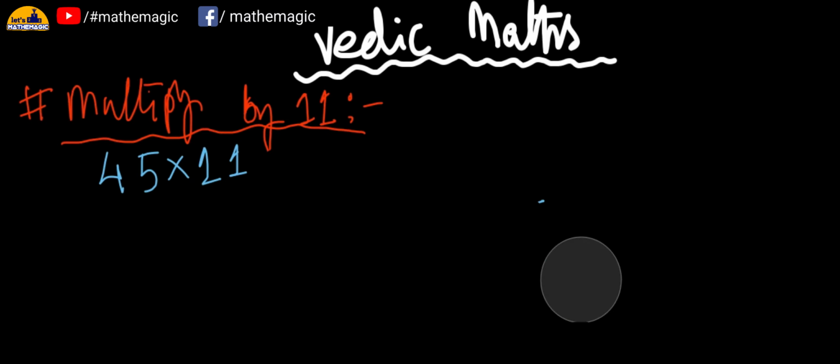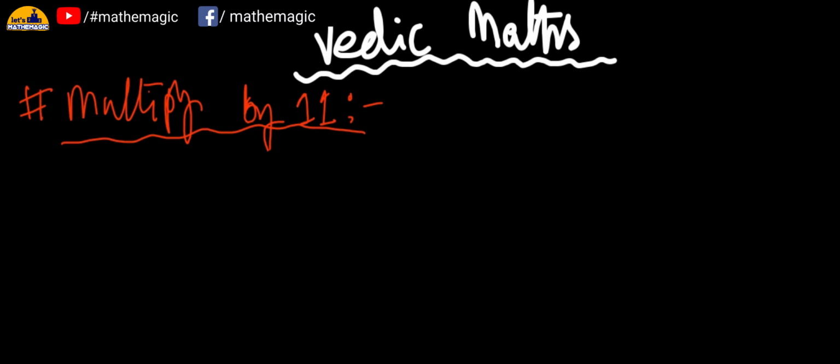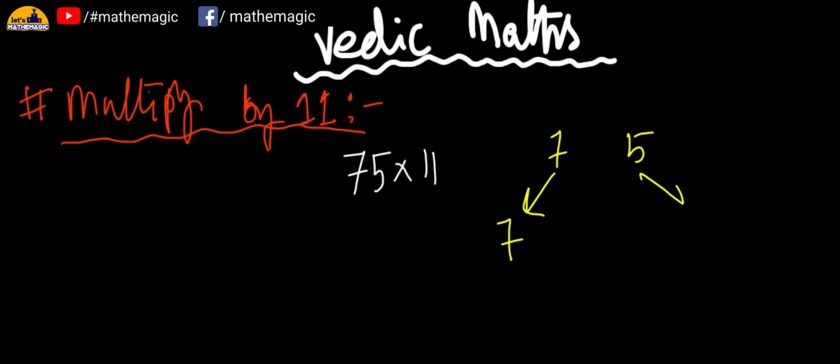Okay, so let us come up with a new number, that is 75. Let us multiply 75 by 11. As we are doing, I am going to separate 7 and 5. I am keeping 7 on the left-hand side and 5 on the right-hand side.